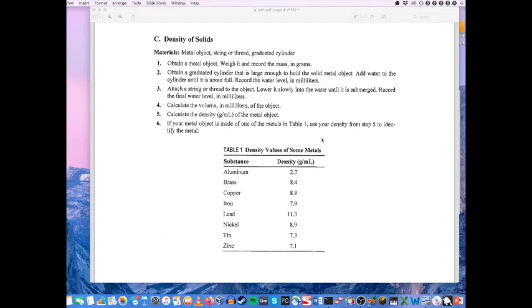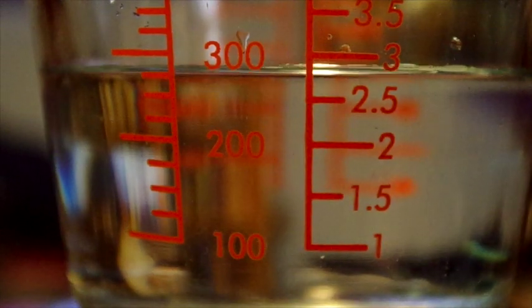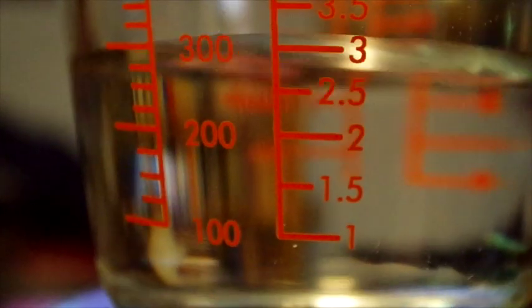And I'm going to put in some handfuls of nails until the meniscus increases by a measurable amount using this measuring cup. So in this case, the water level is starting at 275 milliliters, which is the same as before because I just used the same water.